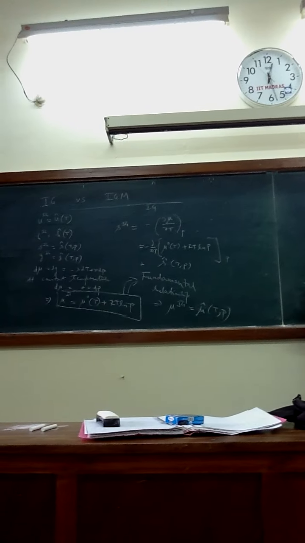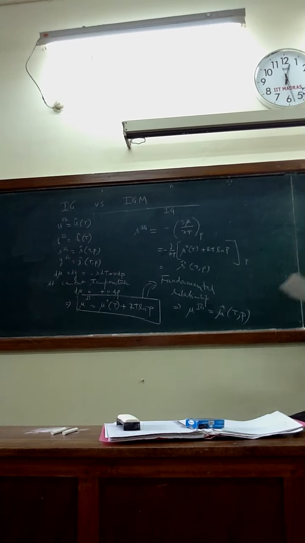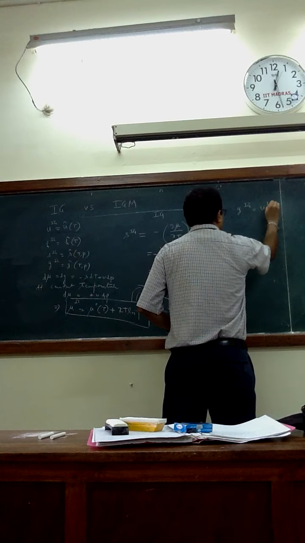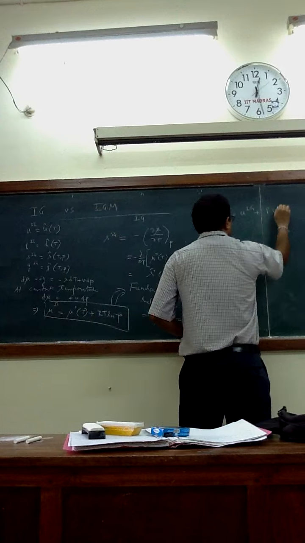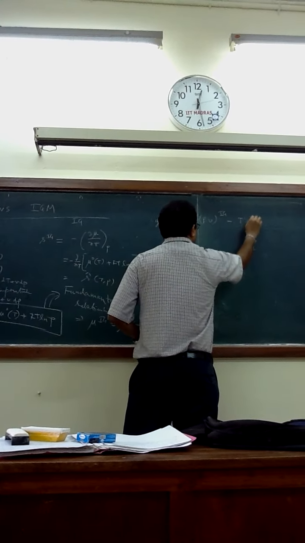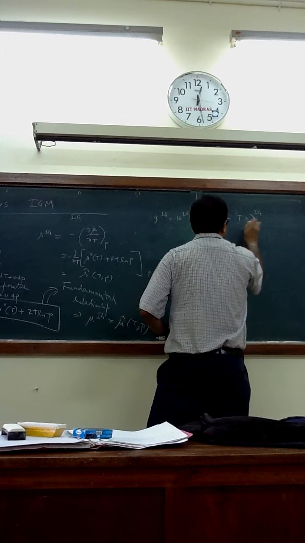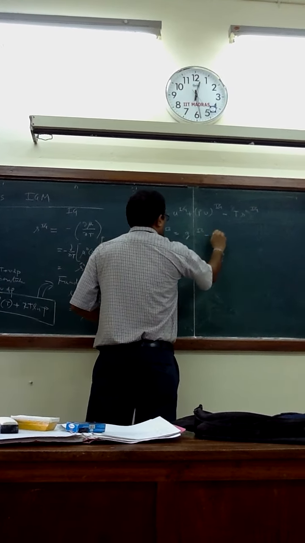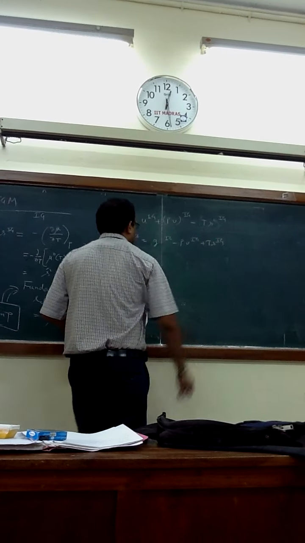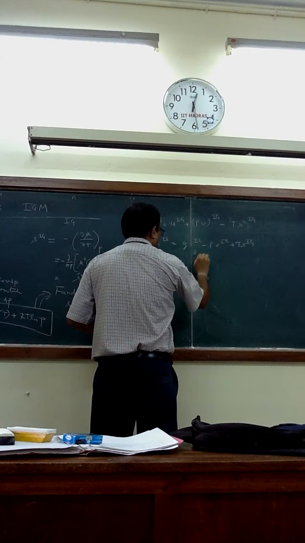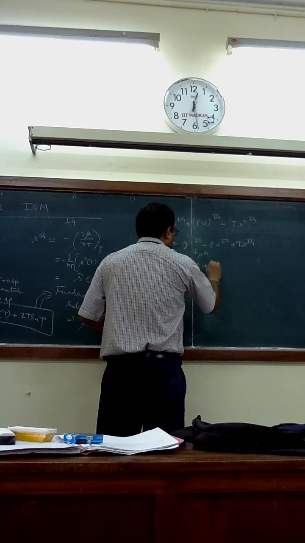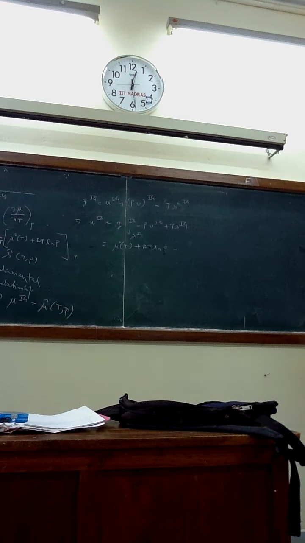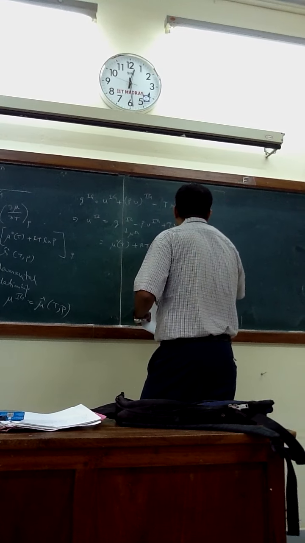U ig, what is U ig? We can say that G ig equals U ig plus PV ig minus TS ig. So U ig is G ig minus PV ig plus TS ig. G ig is nothing but μ ig, which is μ0(T) plus RT ln P. PV ig means RT. Plus TS ig.